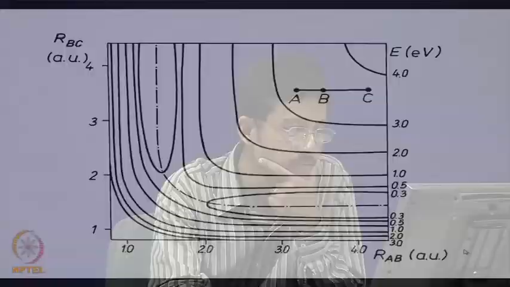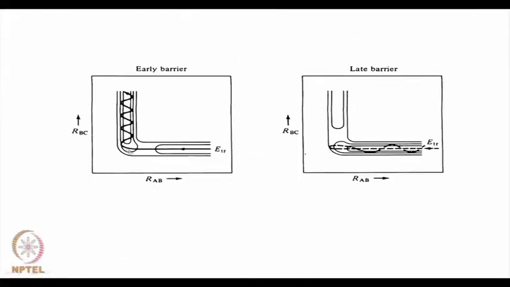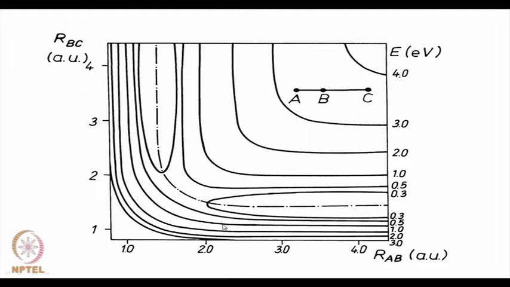The next situation is an early barrier. The barrier could be somewhere over here. In the earlier case, the barrier is here. So, it is going this way, then again it is going on top.